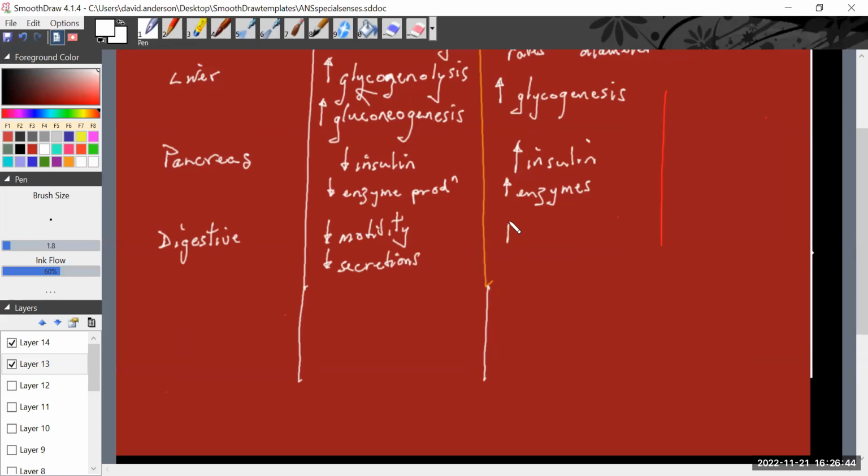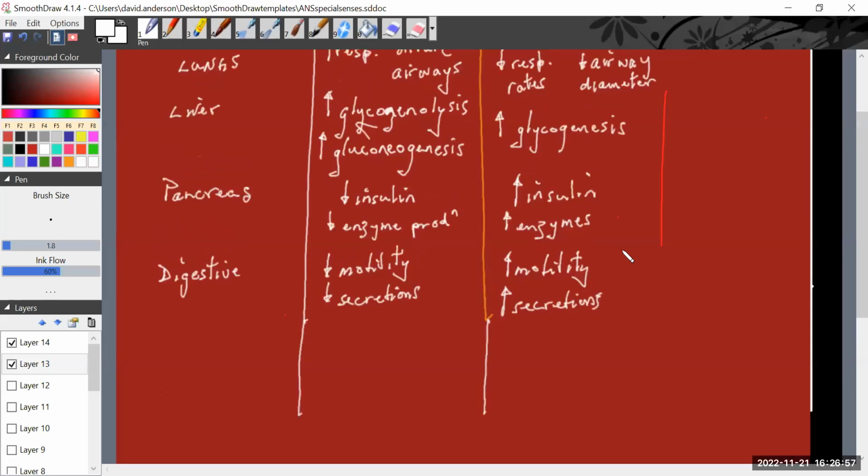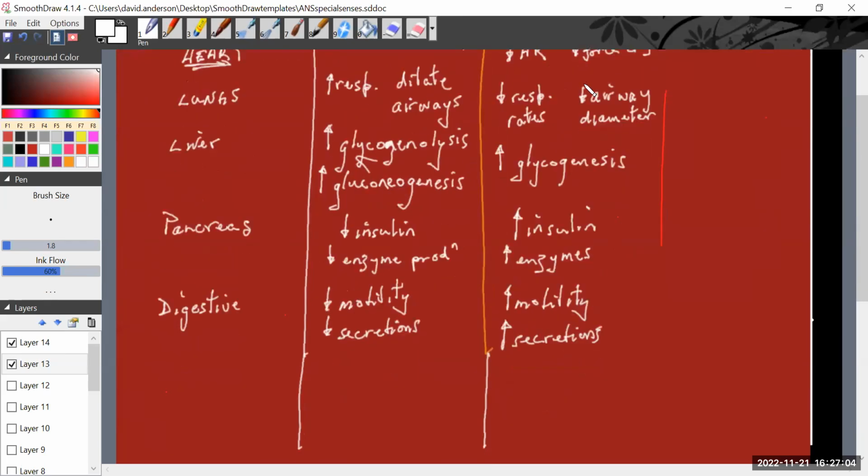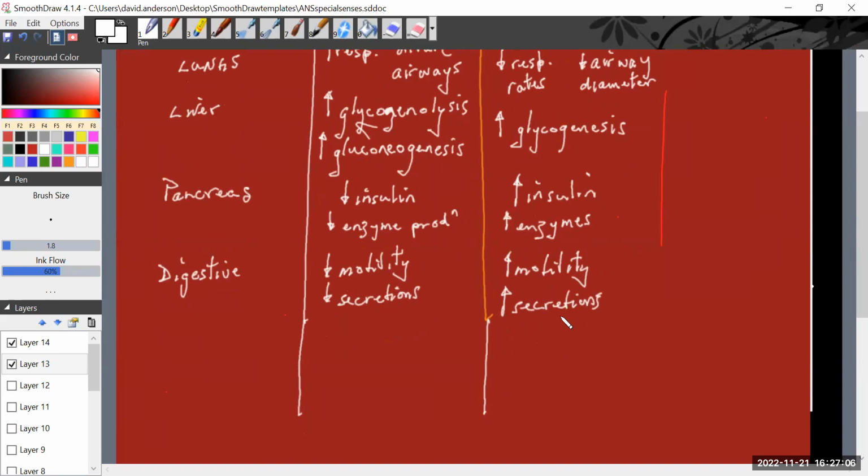And we're going to see just the opposite, we'll increase motility and increase secretions in parasympathetic, because parasympathetic is rest and digest. It's right in the little description, digestion. So we'd expect to increase motility and increase secretions. You know what I mean by motility, right? The movement of the food along the muscular tube between the esophagus and the large intestine.